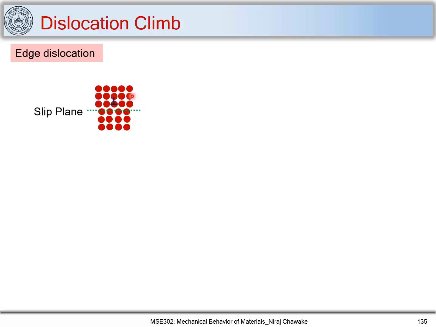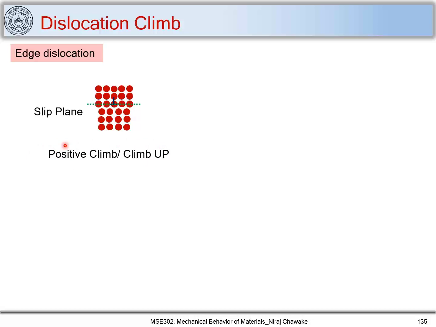You can see an extra half plane here and this is our slip plane. So you can say that the dislocation has moved up, or this moving up is called climb or climbed up. So this process is called positive climb or a climb up.